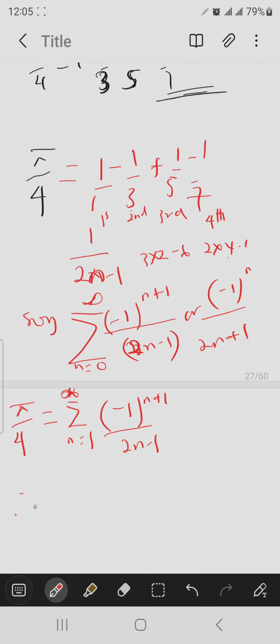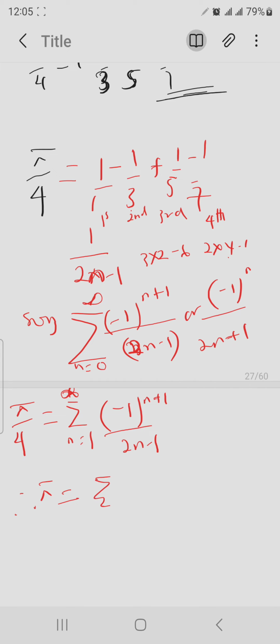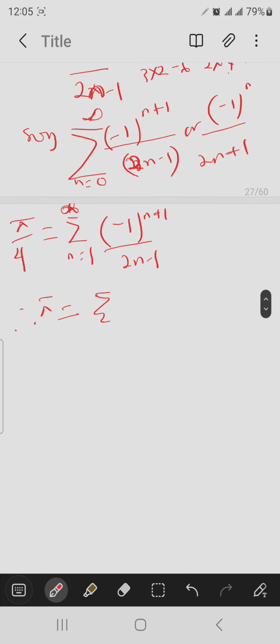So therefore, multiplying by 4, pi will equal the summation from n equals 1 to infinity of minus 1 raised to n plus 1 over 2n minus 1, multiplied by 4.